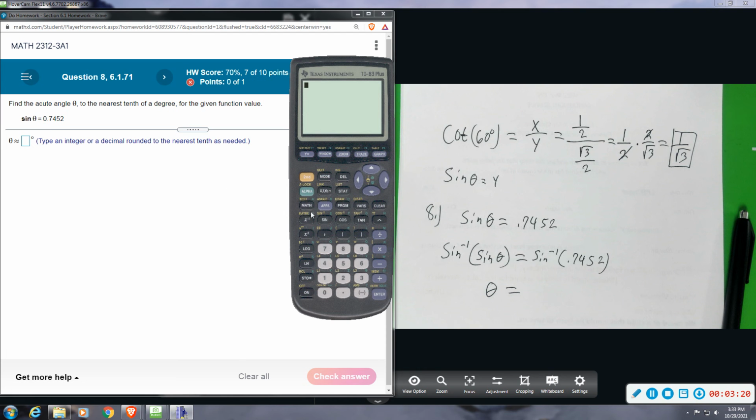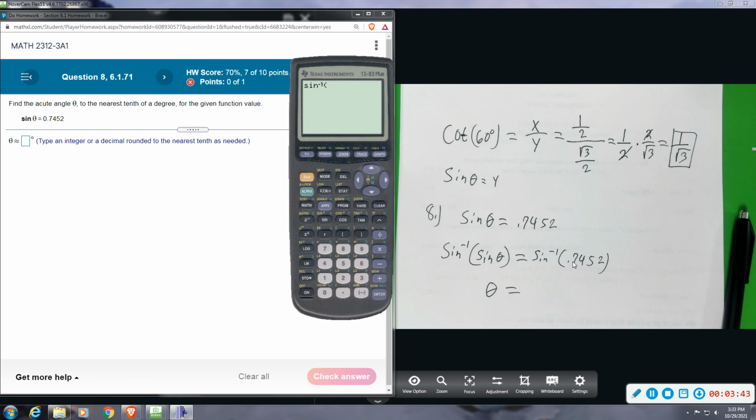So the way we do that, you can see sine, cosine, and tangent right toward the middle of your calculator. In yellow above those, you can see the inverse sine, inverse cosine, inverse tangent. But we want inverse sine, so we have to hit the second button and then the sine button, and then you get the inverse.